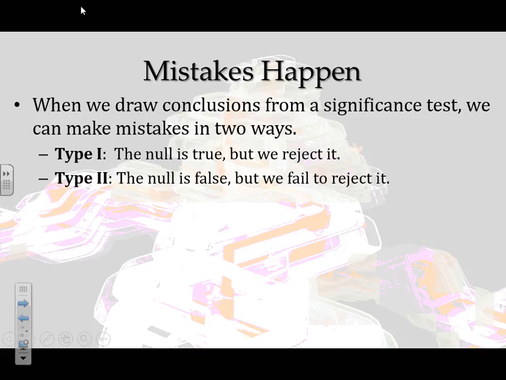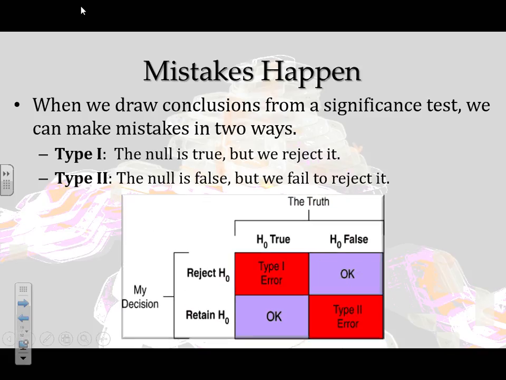Okay. Now, a different way of kind of visualizing this or thinking about what we're doing here. In a hypothesis test, we have two conclusions we can draw. We can either reject the null or we can fail to reject the null. When we do that, we're either going to be right or wrong. So, if we think of it in this format, if we kind of put it in a table format.